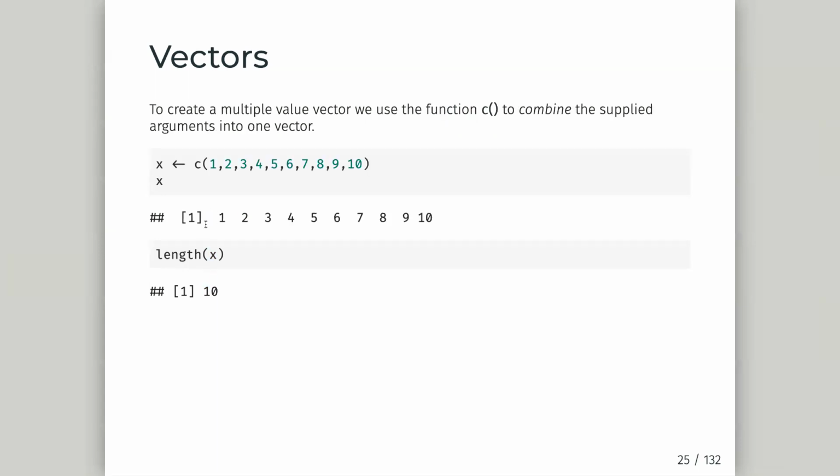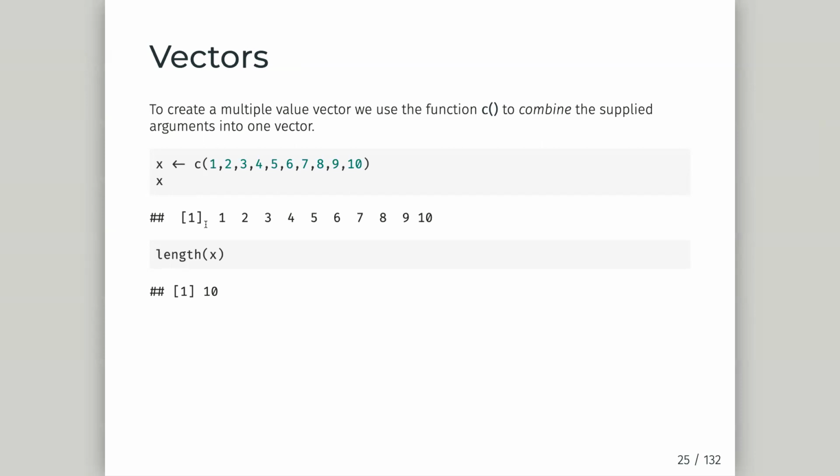If I want to create bigger vectors, and obviously you're not going to be typing in your vectors most of the time, you're going to be reading them from files and objects, but sometimes you will. So we have to use the function c, parentheses, and that's the combine function.